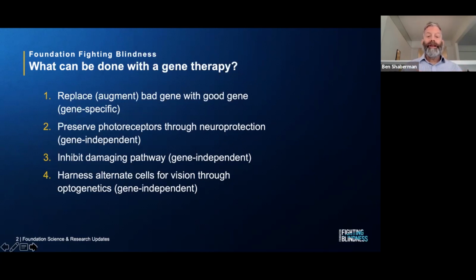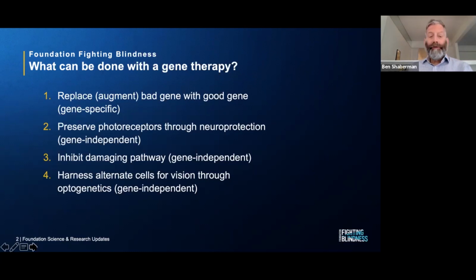And gene therapy can be used to address these various damaging pathways, and we'll talk about those more specifically. And again, targeting these pathways is usually gene independent. We're not actually trying to address a specific mutated gene.